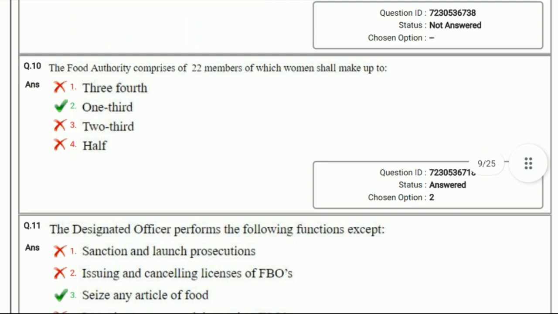Next question: the food authority comprises 22 members, of which women shall make up. The answer is 1/3. There are a total of 22 members, and out of these, 1/3 should be women.